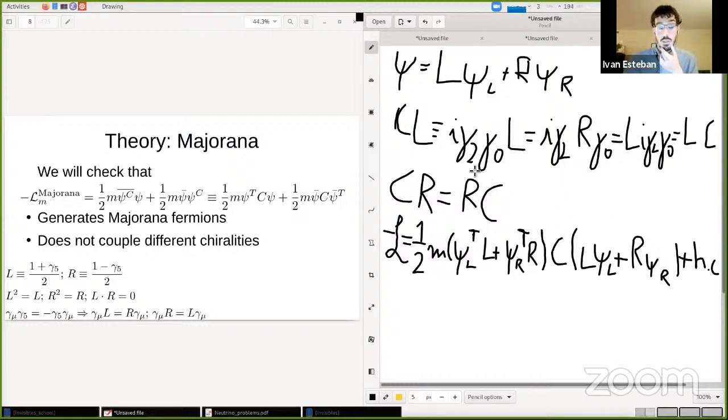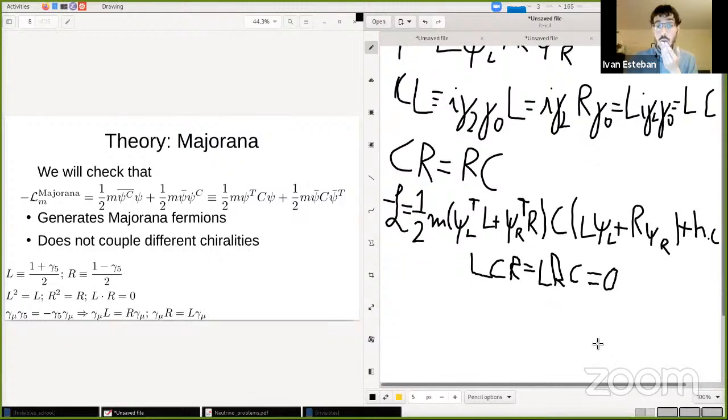Now, because the charge conjugation matrix commutes with the projectors, the cross terms, that is the terms with psi left, psi right, will have a term L C R that is equal to L R C that is equal to 0, because the left-handed projector and the right-handed projector are orthogonal projectors.